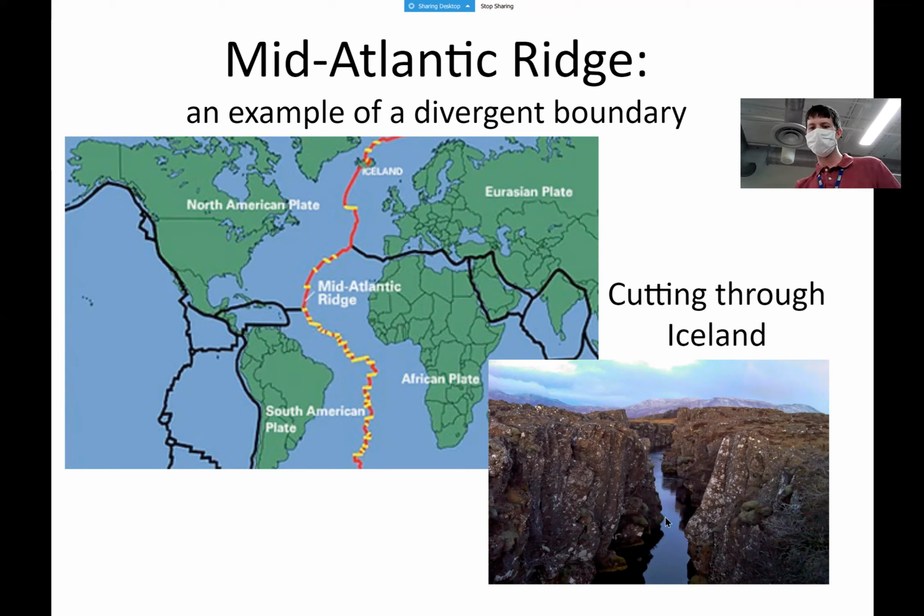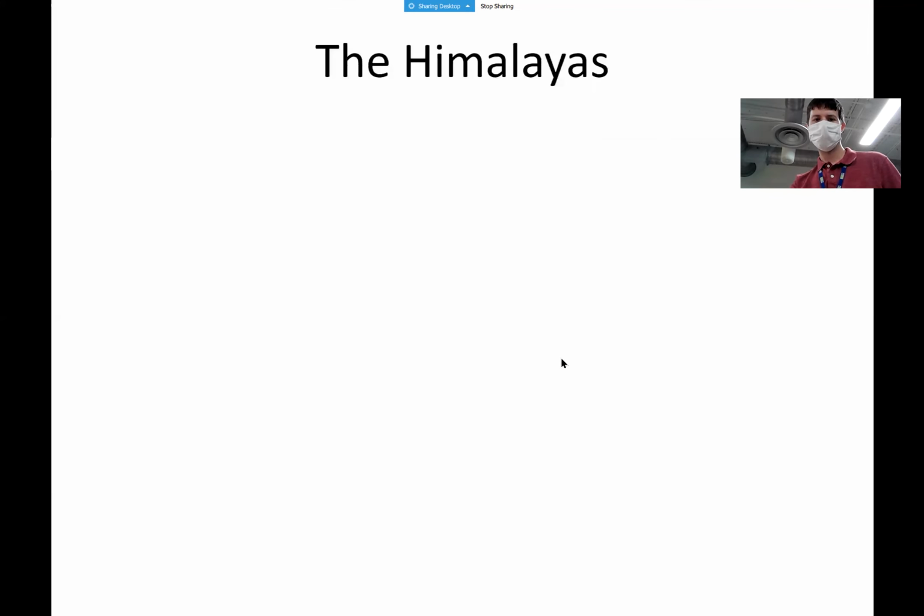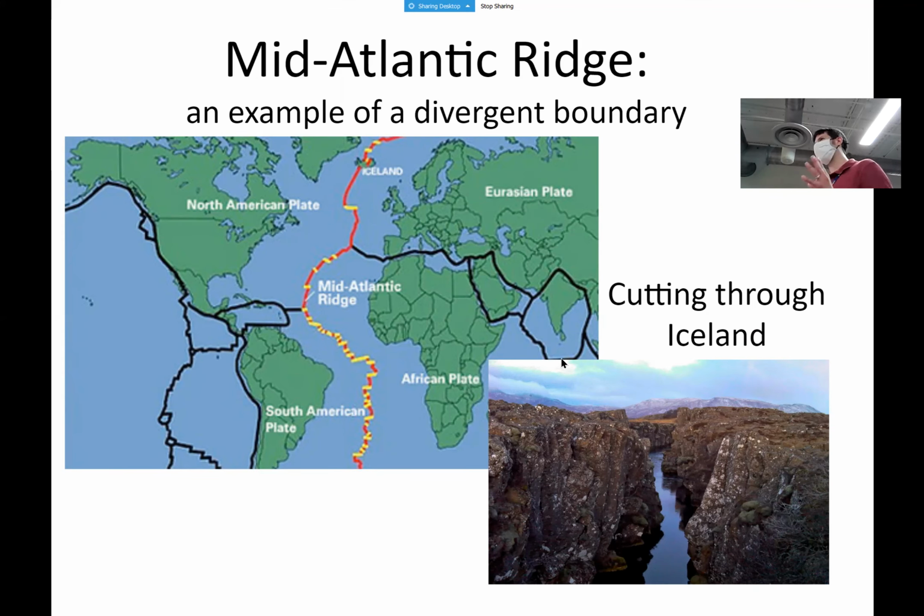So this bottom picture is the Mid-Atlantic Ridge in Iceland. And you can actually pay to go scuba diving and be between two continents. Okay, so questions about the divergent boundaries?